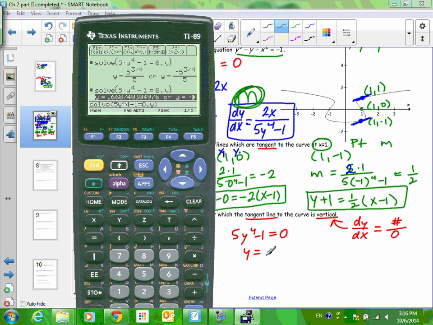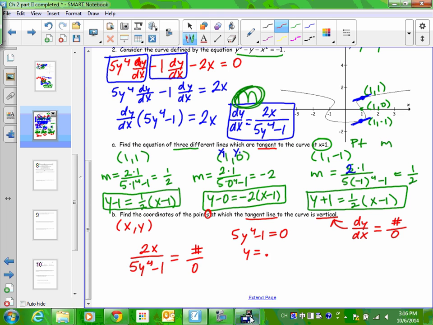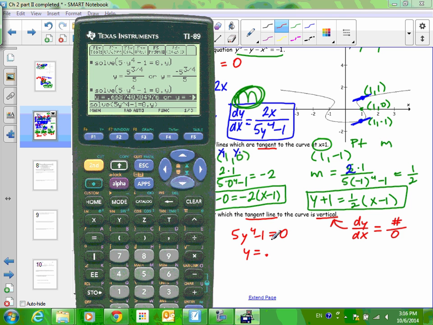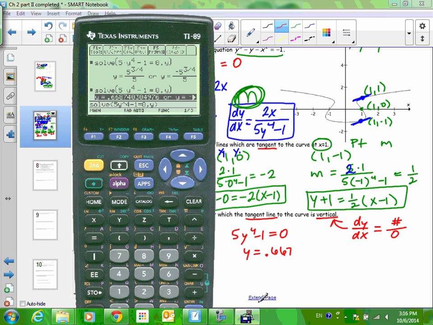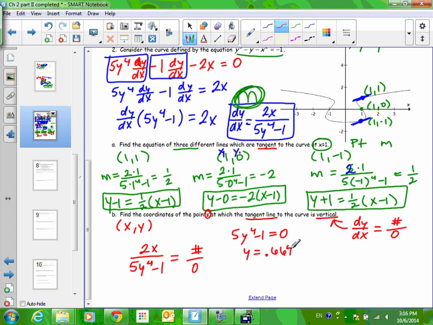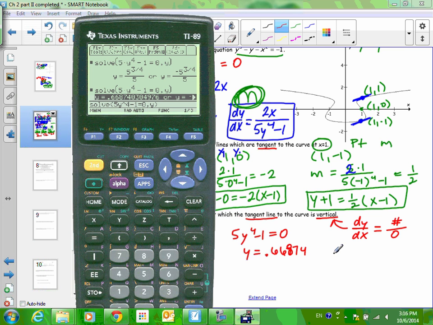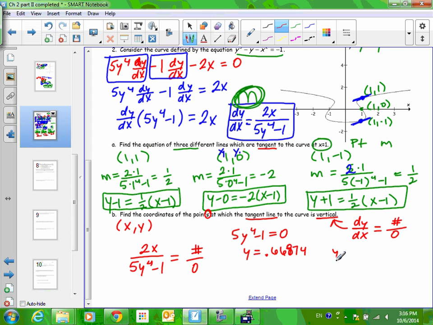I'm going to write these as 0.66874878. And over here, my y value, I just have to hit to the right. It's the same thing, but negative, right? So y equals negative 0.66874878.